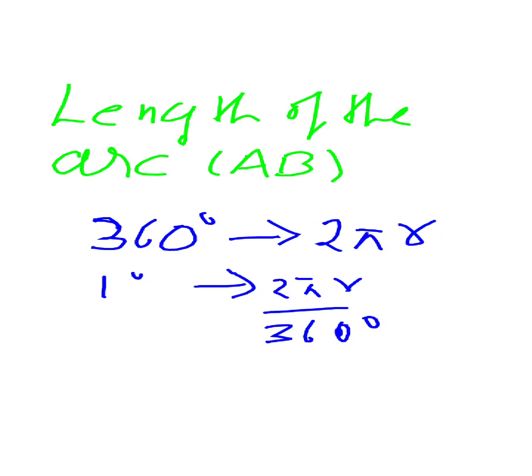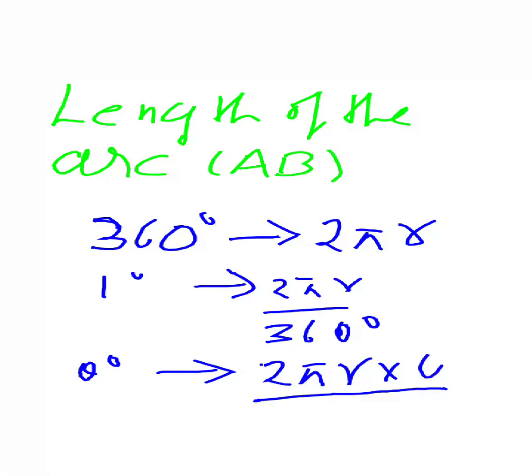So for theta degrees it will come out to be 2 pi r into theta divided by 360, you can write it like this also. Okay, getting it?